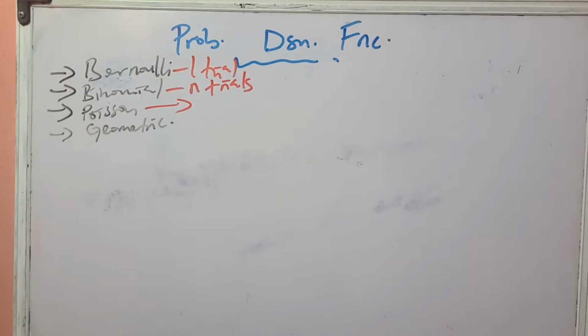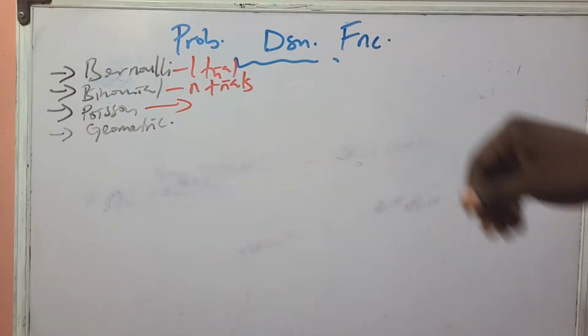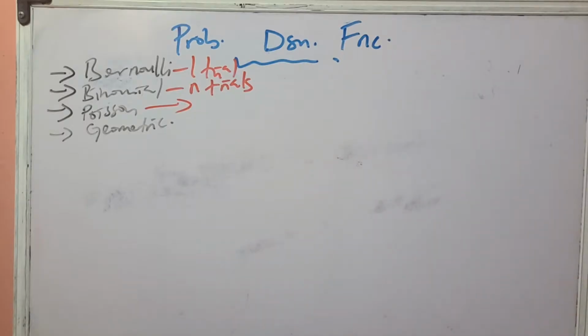So what is Poisson distribution? Of course, as you could tell, Poisson distribution is a discrete probability distribution because we are still on that probability distribution function. Once we delve into probability density function, that will be the moment where we'll be talking about continuous probability distribution.